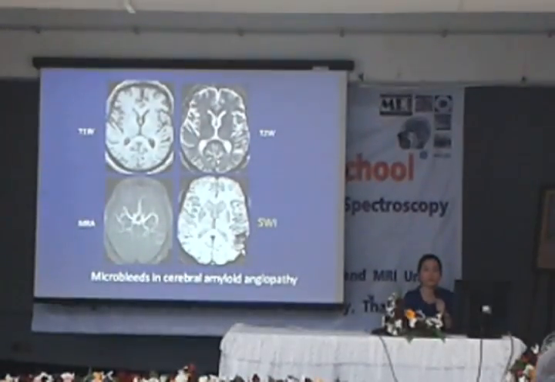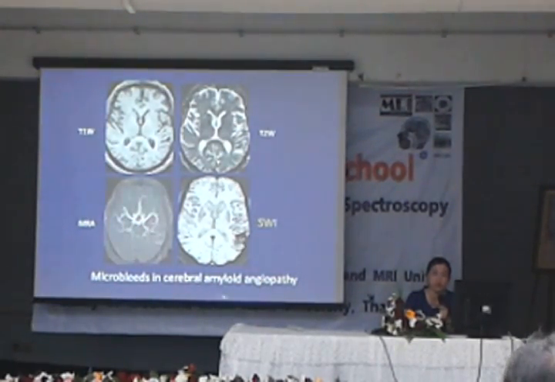This case is about 65 years old, and this is called microbleeds in cerebral amyloid angiopathy that occurs in aging patients, having amyloid deposit in the vessel wall, and the vessel gets fragile and can rupture and bleed.